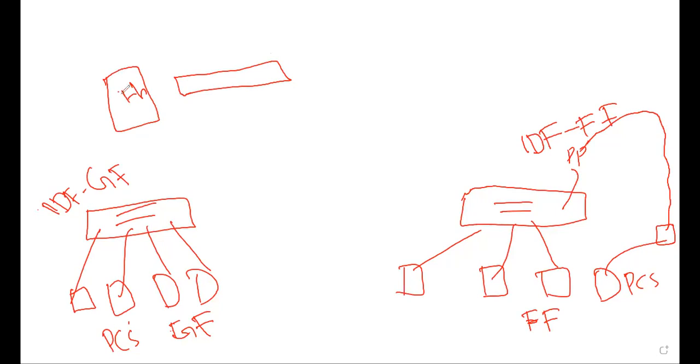This also has a connection from the server to the patch panel and from the patch panel to the switch. Generally, all the servers are located in the MDF room.